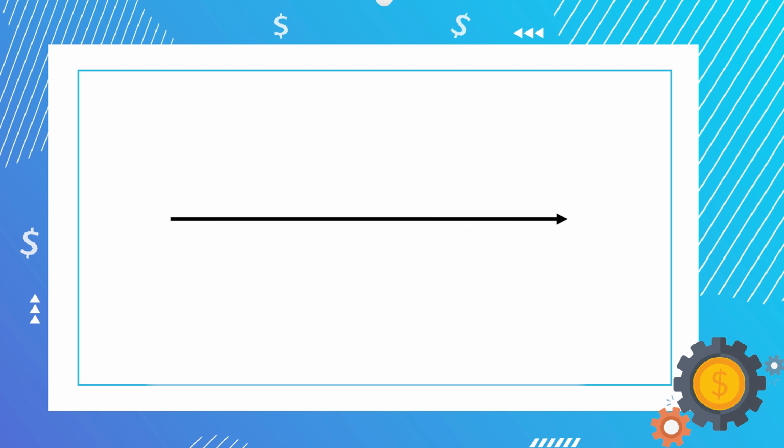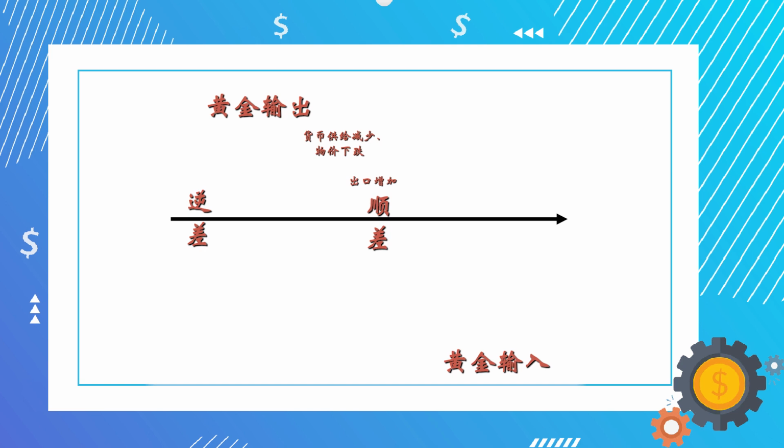Suppose the country's BP was in deficit, which means gold was flowing out of the country, because gold equaled currency in circulation. Gold flowing out would bring the money supply and price level down, which would promote export. So the initial BP deficit would turn into surplus.